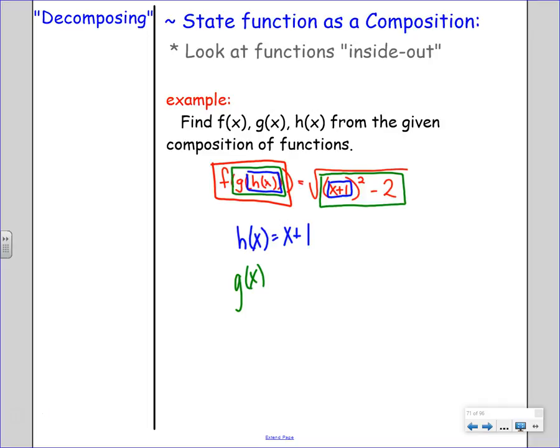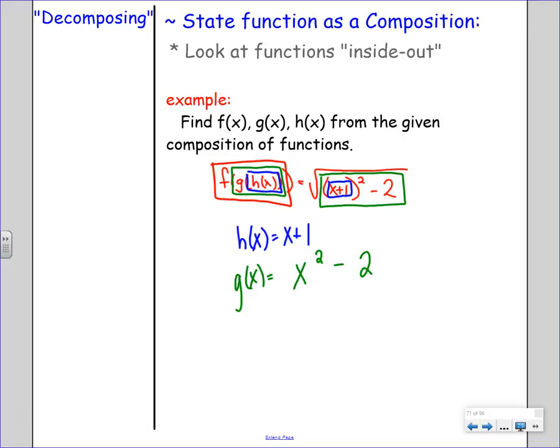So g of x, now here's where it gets a little crazy. It is somebody squared minus 2, but h gets put into g. So once we say h is x plus 1, we need to ignore that, cover that, and just say, oh, hey, make that an input. And what variable do we always use for an input? X. I know it's weird.